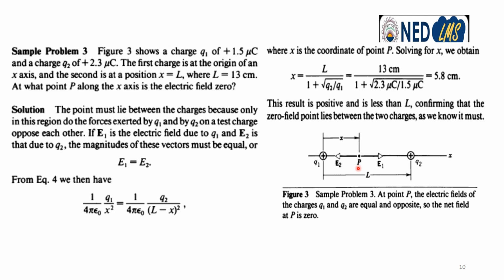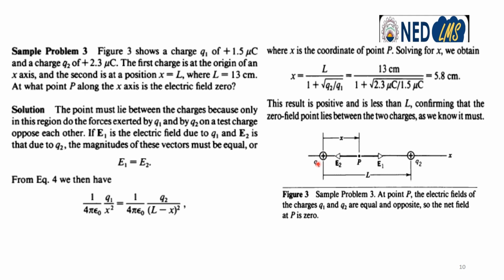So consider P is a point where the electric field will be 0, and capital L is the length between q1 and q2. Okay, and x is the distance between q1 and the point where the electric field will be 0. This is the x.